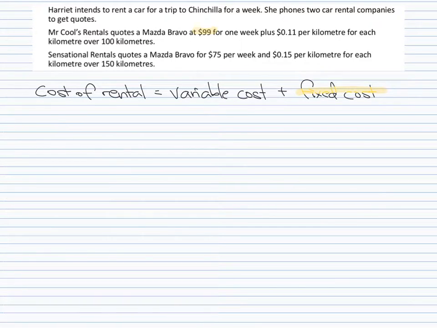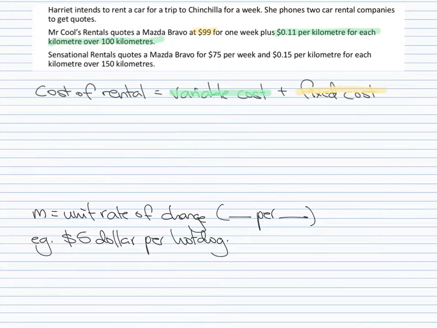And then on top of the $99, I'm telling you that for every kilometer that you drive over 100 kilometers, you need to pay me $11. Sorry, you need to pay me 11 cents on top of that. So what we have here is the general equation of the formula of a straight line, y equals mx plus c.